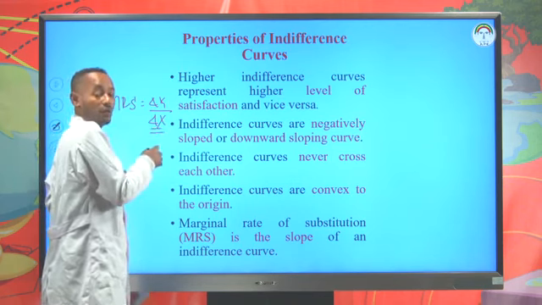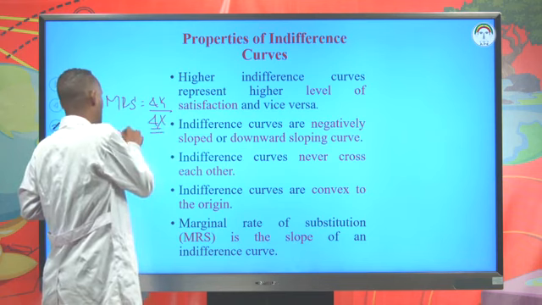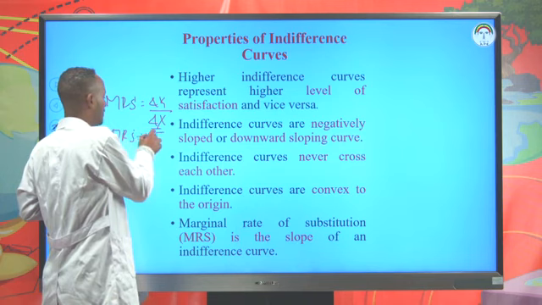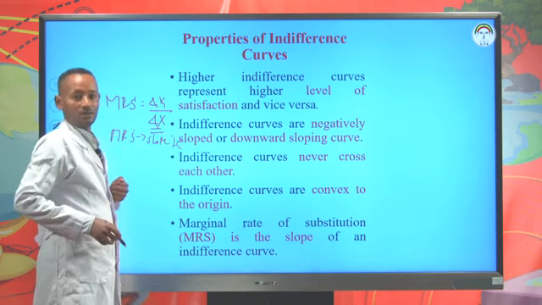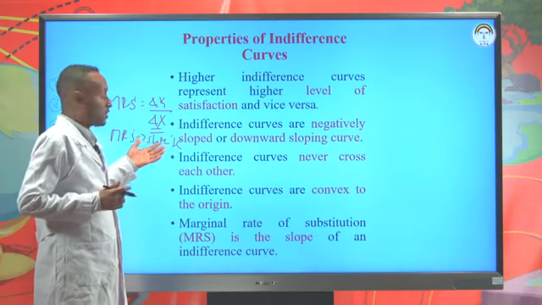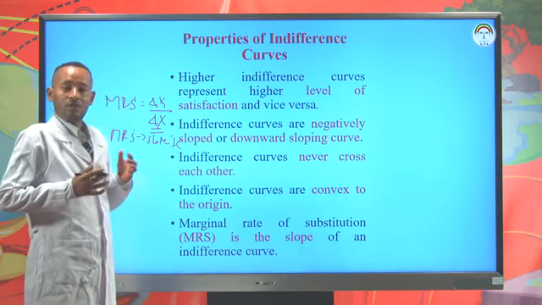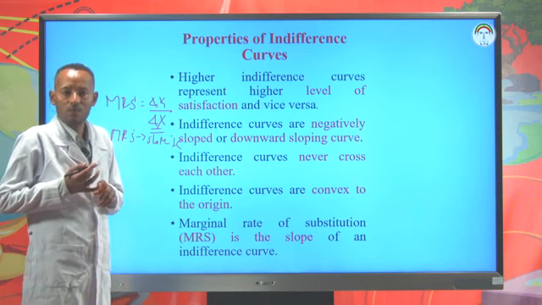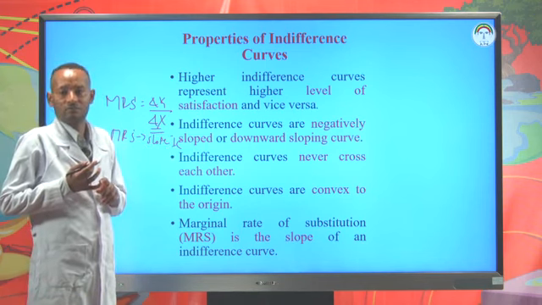So, in other words, the marginal rate of substitution, the MRS, is the slope of the indifference curve. Important information about the slope of a curve. From unit 2, marginal utility is the slope of the total utility curve.